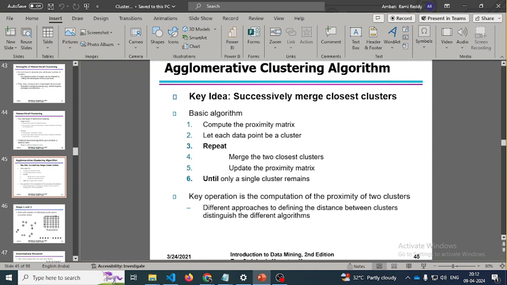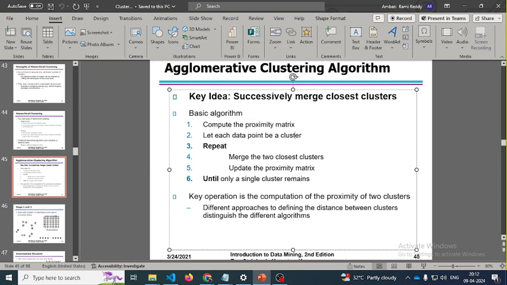Then repeat: merge the two closest clusters, which in the beginning means the two closest data points, and update the proximity matrix, until only a single cluster remains. At the end, after merging everything, you get only one cluster. This is the key operation in the agglomerative clustering algorithm.